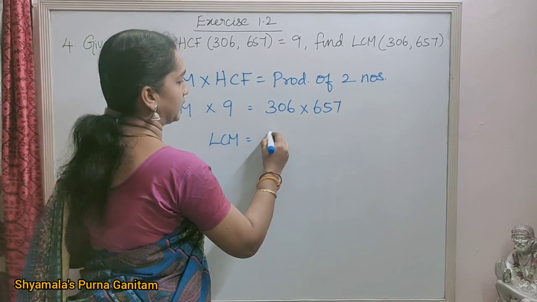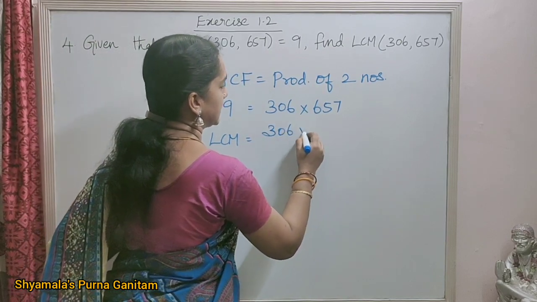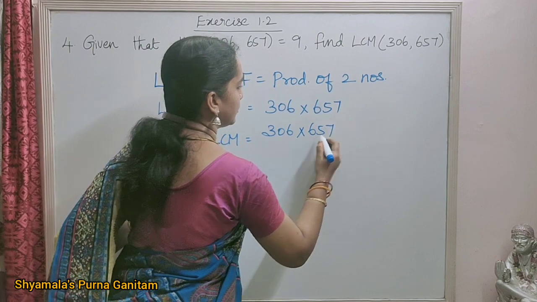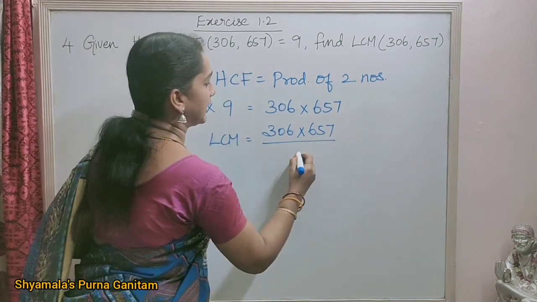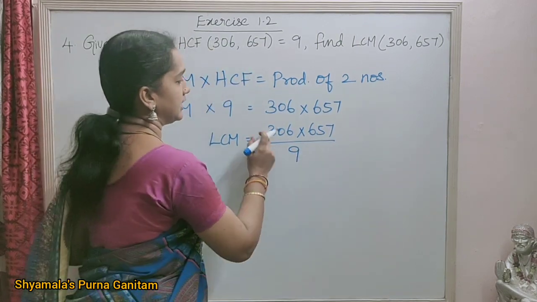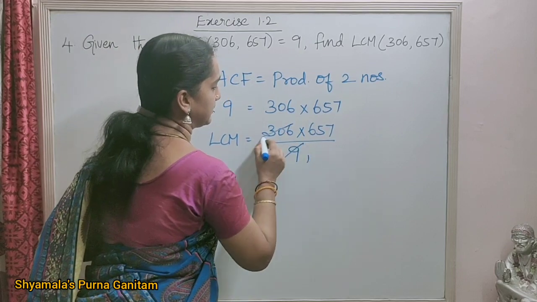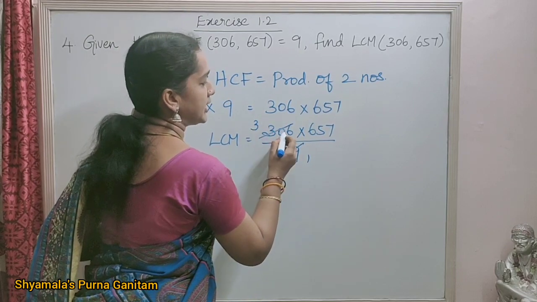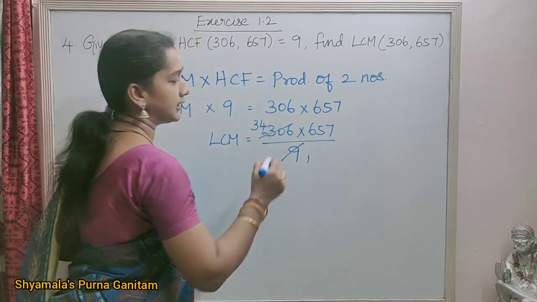So when we simplify this, we will get the LCM. LCM is equal to 306 into 657 divided by 9. So 9 and 306 will go. 9 1s are 9, 9 3s are 27, 9 4s are 36.